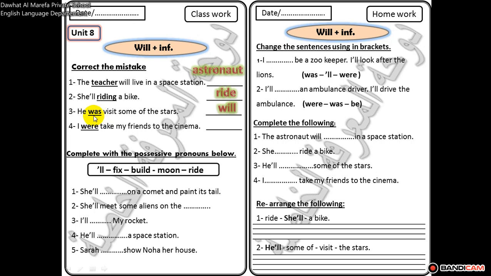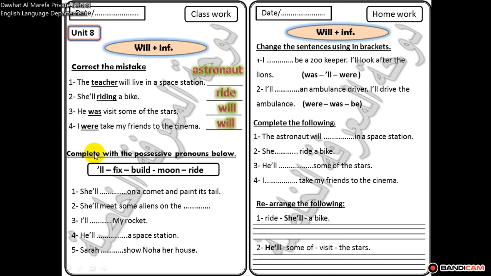So if we use was, we use was visiting. But if we use visit, we use will before it. Number 4, I will take my friends to the cinema. We have here infinitive, so what has this to be? This has to be will again.